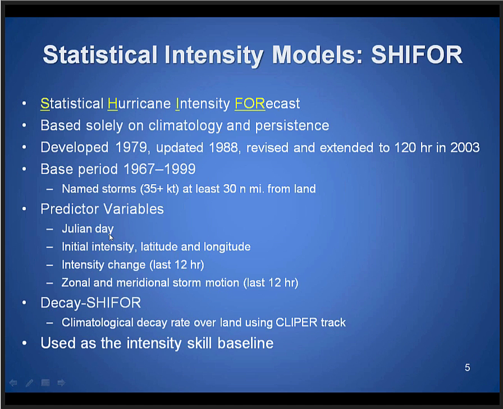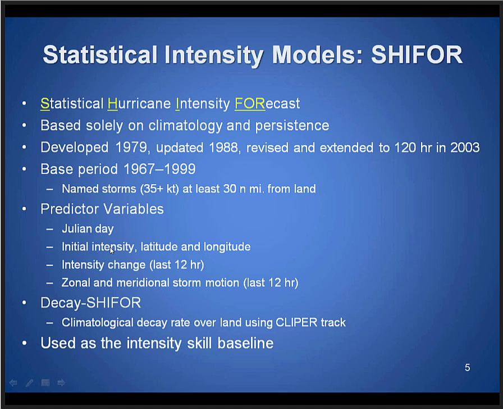The predictors used to come up with the combination of climatology and persistence include Julian day, because the annual cycle, especially in the Atlantic Basin, is extremely peaked. In September, you get half of all the major hurricanes. So if you're closer to September, you have more of a chance to climatologically get pretty darn strong. Also, where is the system forming?